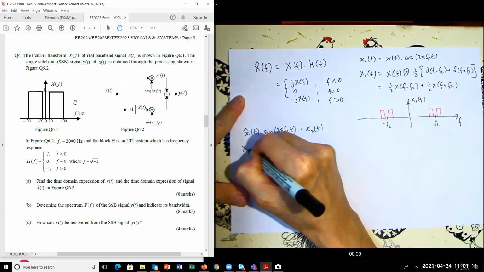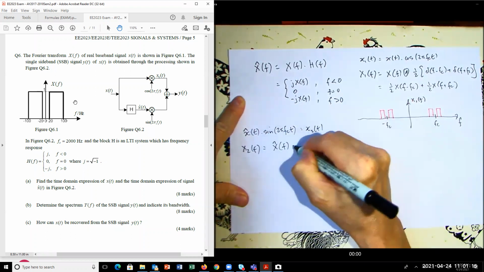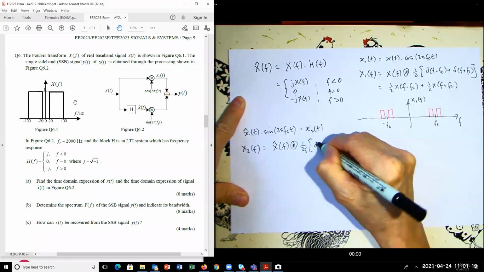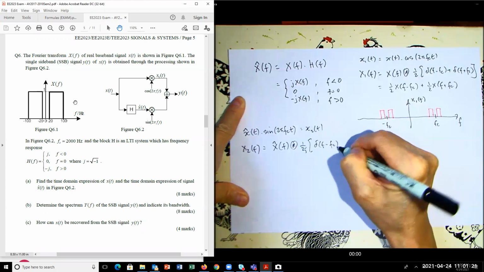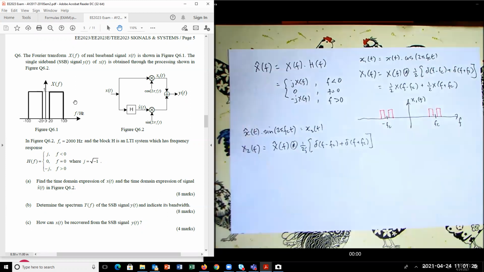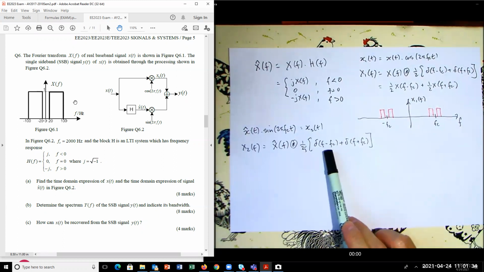X2(f) will be X hat(f) convolved with 1 over 2j times [delta(f minus fc) plus delta(f plus fc)]. So X hat will be replicated, because of the convolution, at plus and minus fc.